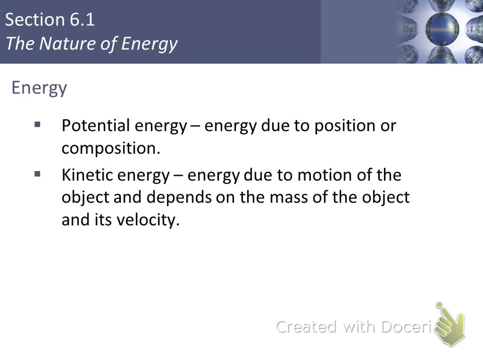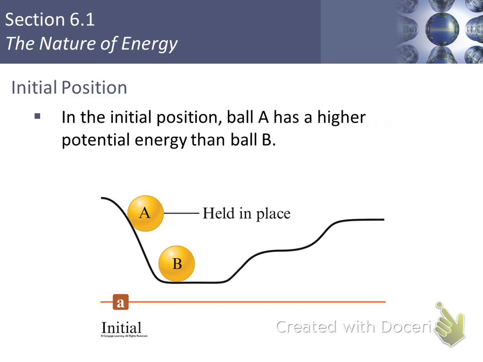So with that, I'm going to show you a little picture here, and we're going to talk about potential and kinetic energy in two objects just so you can visualize it a little more carefully. But again, not something that you necessarily need to have written down. Okay? In our first drawing, we've got ball A that's being held above ball B. Right now, A is at a position that it could fall and do work, right?